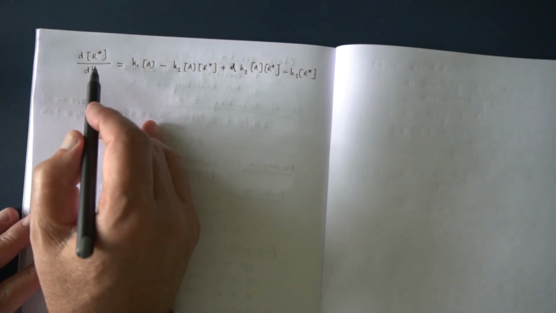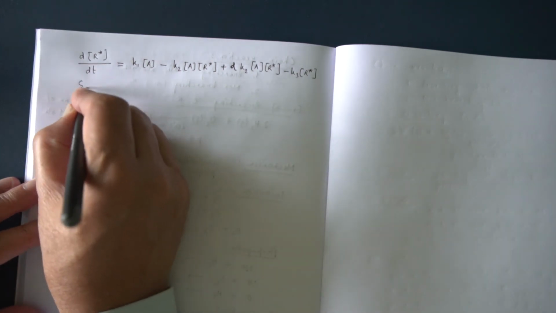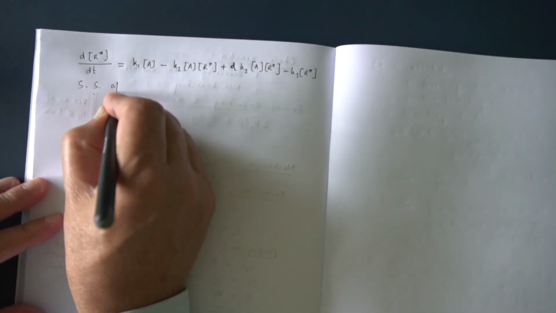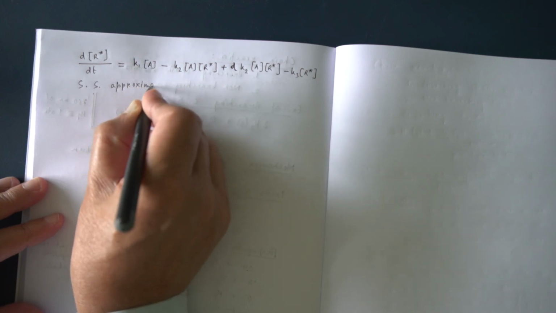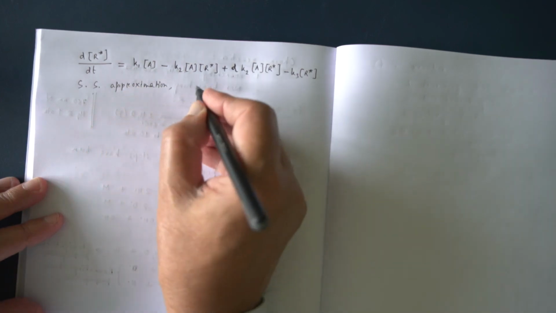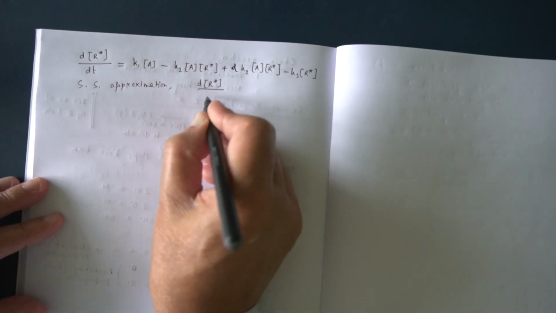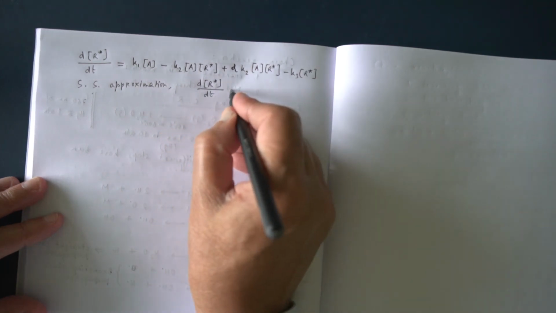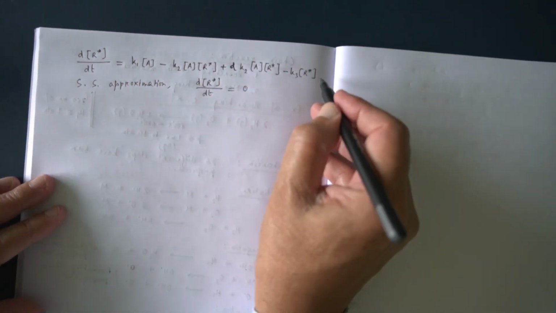Now according to the steady state approximation, dr/dt is 0, because this is nothing but an intermediate. So this is number 1.